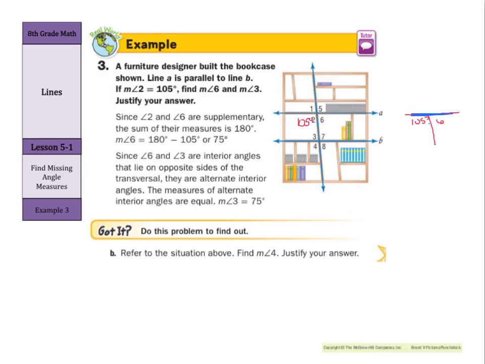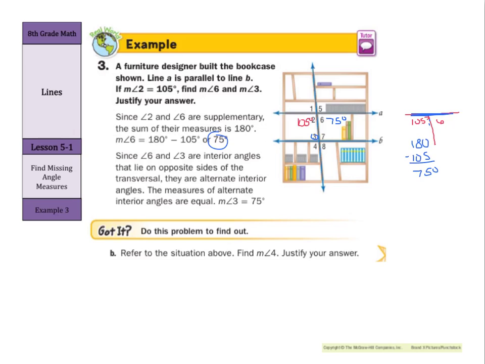So 180 minus the 105 is 75, and that's what they found here. Since angle 2 and angle 6 are supplementary, the sum of their measures is 180, so 180 minus 105 gets you 75 degrees, and we can write that in for angle 6. Now, what about angle 3?